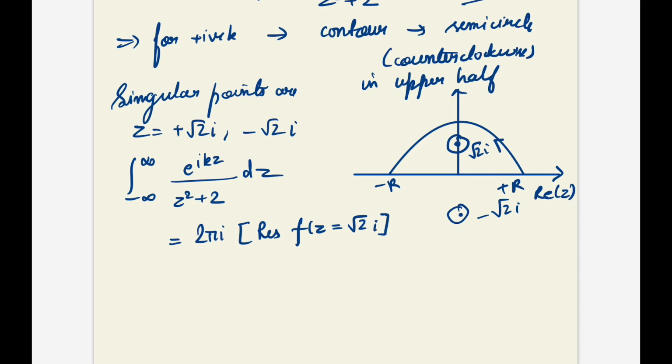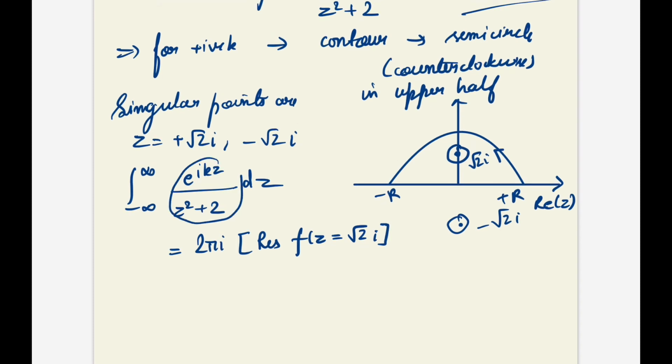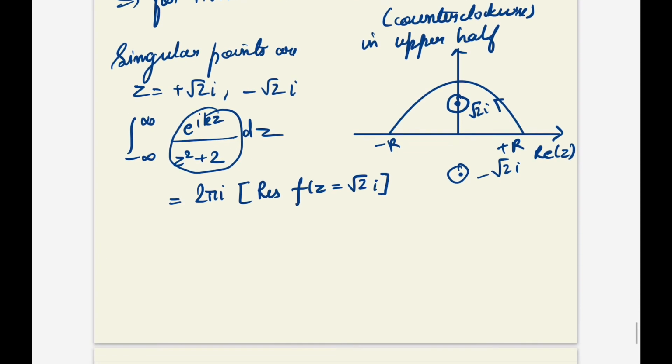At z equals to root 2i, this function becomes infinite, because the denominator becomes 0.